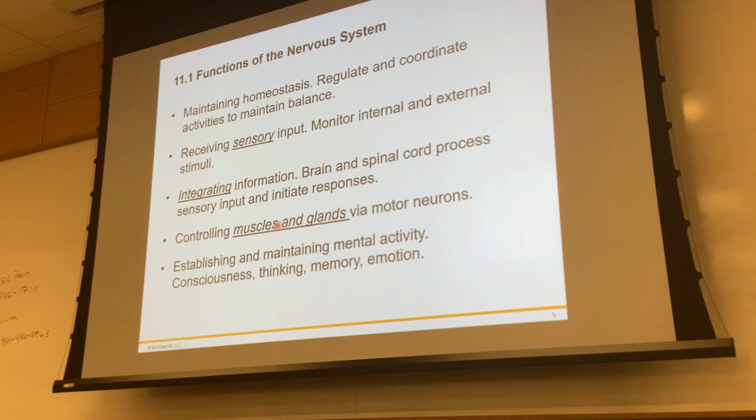The third type of information is integrating information, and that is done by the brain and the spinal cord. It causes you to either respond to stimuli or to ignore stimuli. One of the classic examples of that is if you've ever seen a young child that's super sensitive to fluorescent lights or other external stimuli, and they just start shaking or start moving.